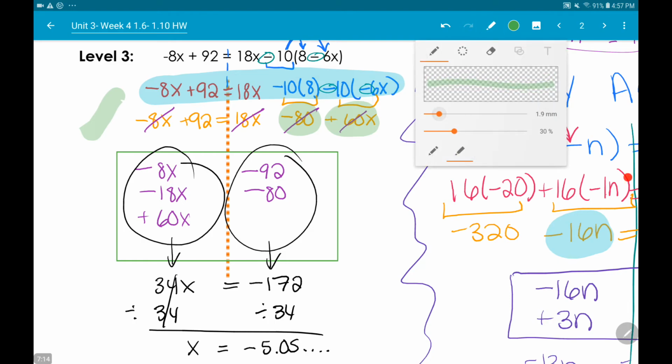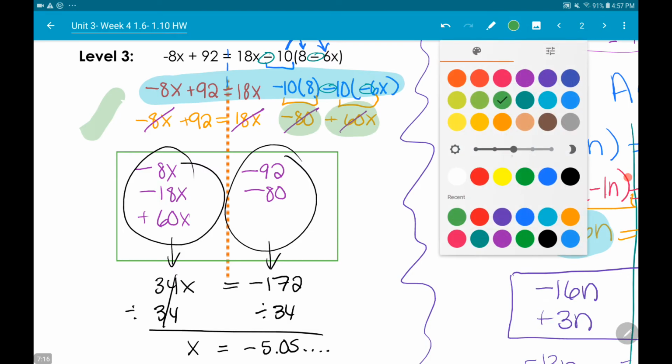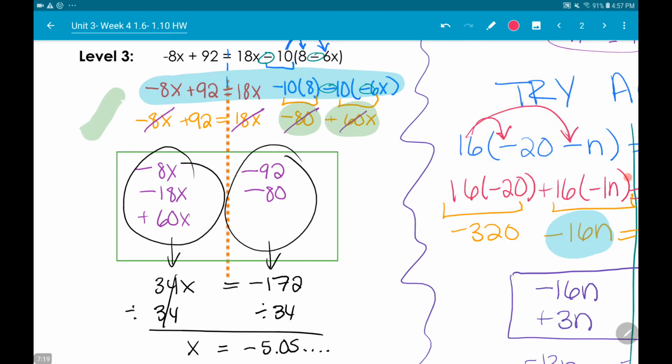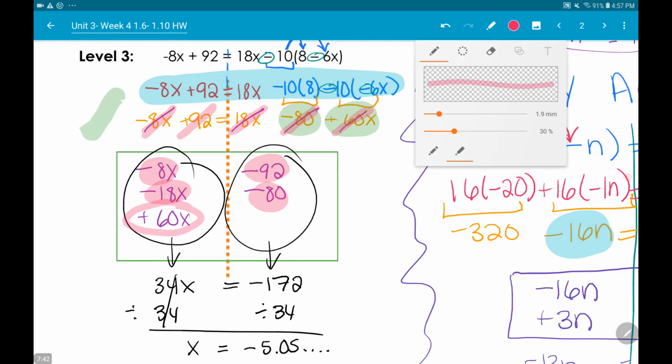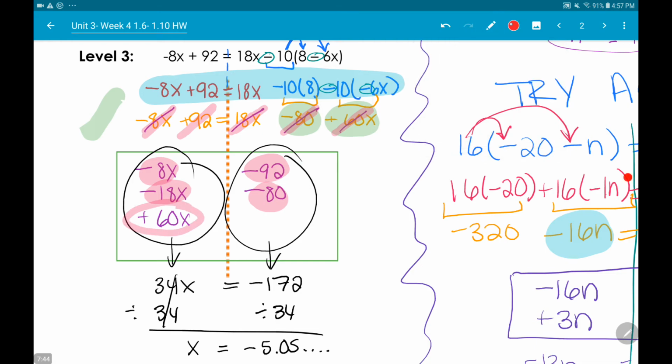All right. Now I'm going to go ahead and look at our numbers. So I had negative 8x. That's good. This was a positive 92, so it should become a negative. That's good. This should become a negative 18. That's also good. Negative 80 should stay negative 80. And positive 60 should become, there it is, this should become a negative. So I'm going to go ahead and just fix that right in there. This is supposed to be a negative.